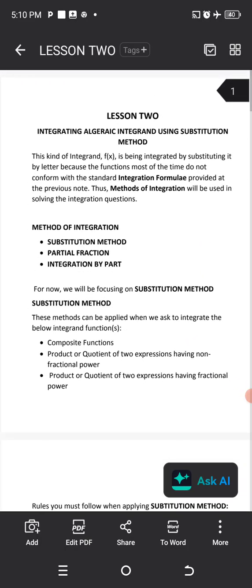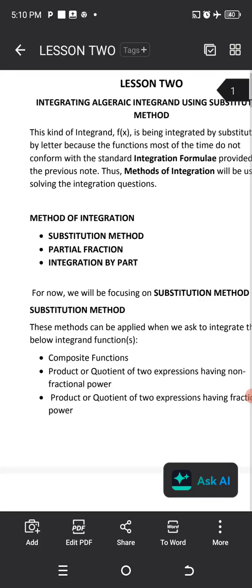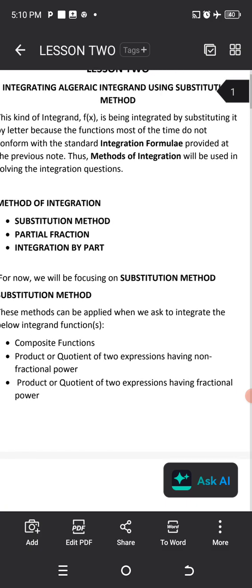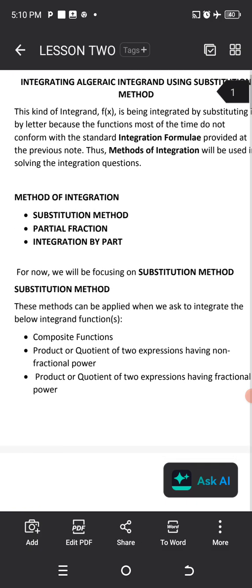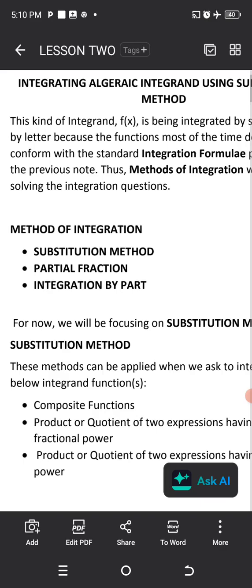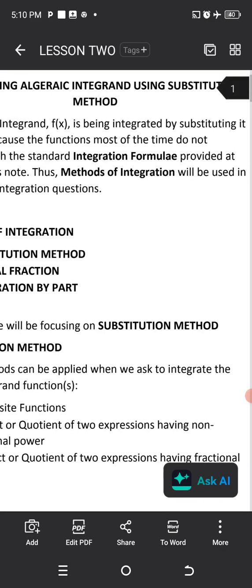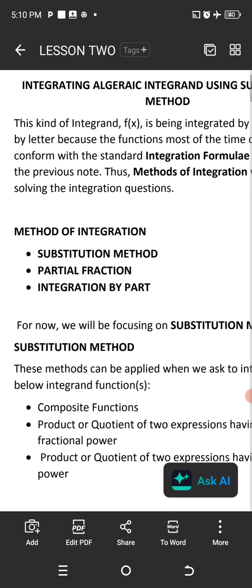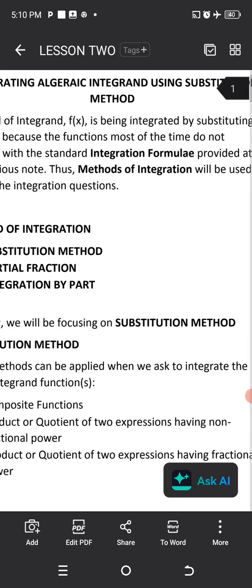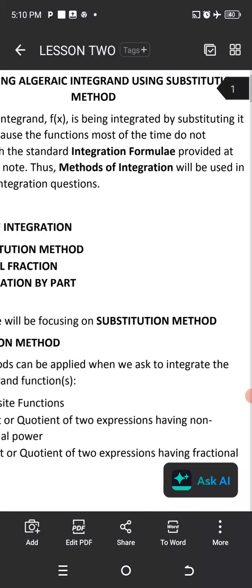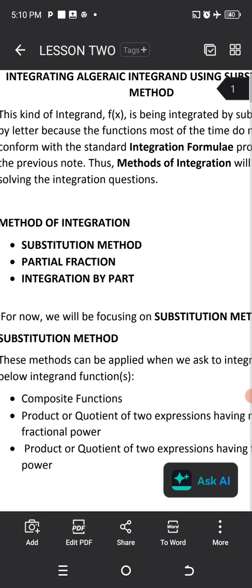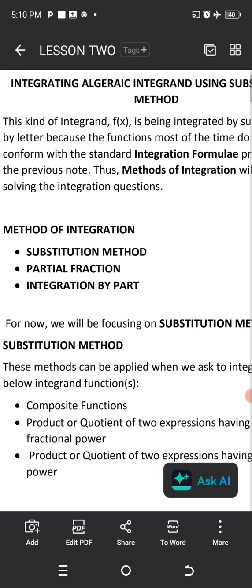In this class, we focus more on the substitution method. We are going to cover the second and third methods later in the future, but we focus deep on the substitution method. Because there are some integrals that you cannot just integrate directly, this kind of integral f of x is integrated by substituting it with a letter, because the function most of the time does not conform with the standard integration formulas provided in the previous video.